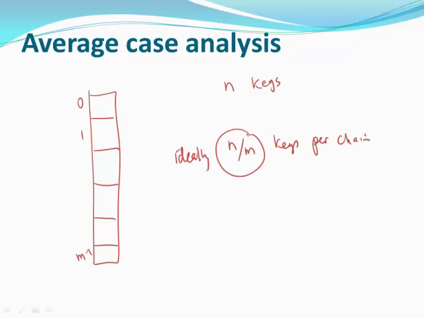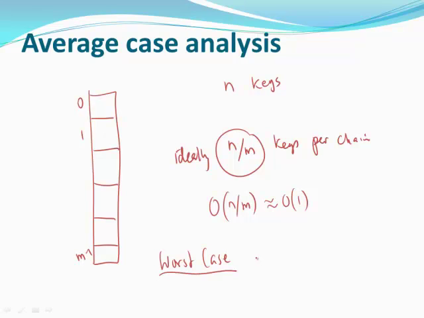So if keys are equally distributed, then we can say on average it will take n over m complexity to find a location. So like I said, let's just keep it constant, something close to 2 operations to find it. But the worst case is still possible.